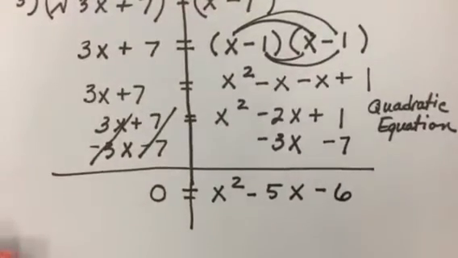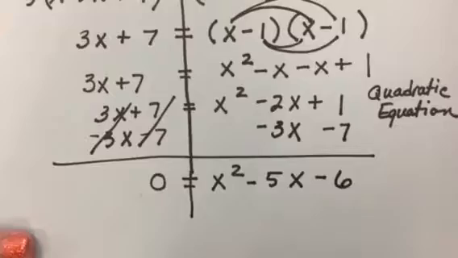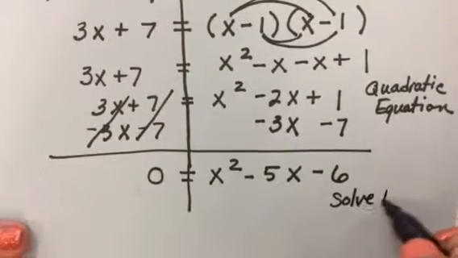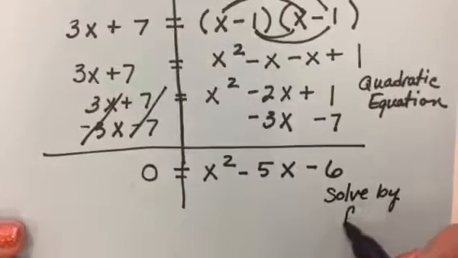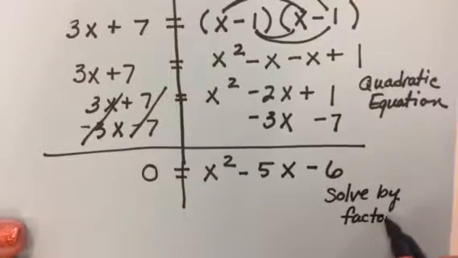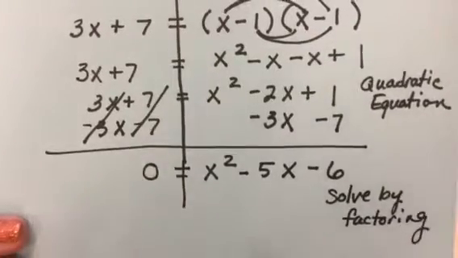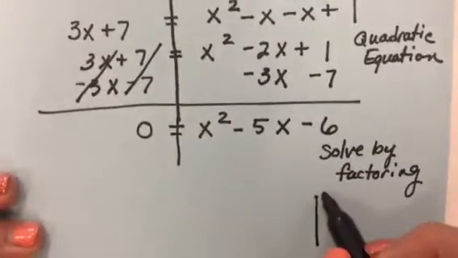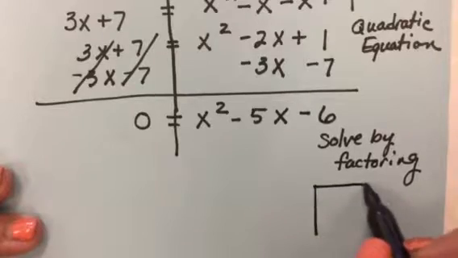Now that we have the quadratic equation set equal to 0, again, we want to solve by factoring. So let's see if we can factor our quadratic. We can do this one of two ways. We can use our box method that we've used before. So let me lift that paper up a little bit.